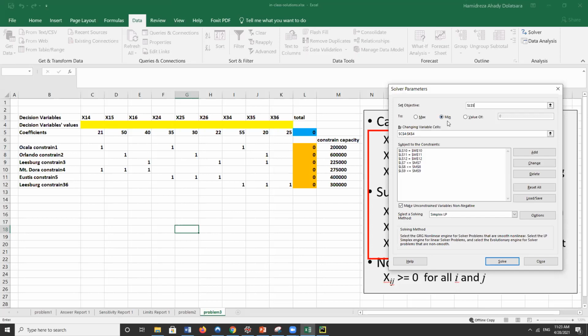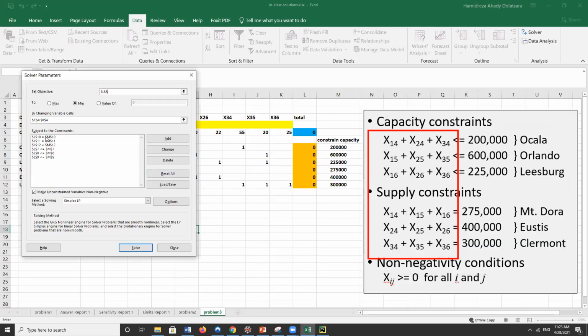You should minimize it because this is a minimization problem. Here, I'm just showing C4 to K4 for my decision variables. And for each equation, I just need to put either, like here, an equal sign or a less or equal sign. For each equation, I have one line.